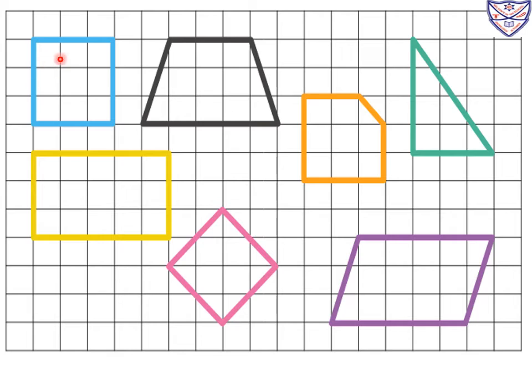So area of square equals 9 square units. In the same way in the rectangle, 1, 2, 3, 4, 5, 6, 7, 8, 9, 10, 11, 12, 13, 14, 15. So here how many square units are there? 15. So area of rectangle equals 15. This way we can find the area of all shapes by putting them on graph paper.